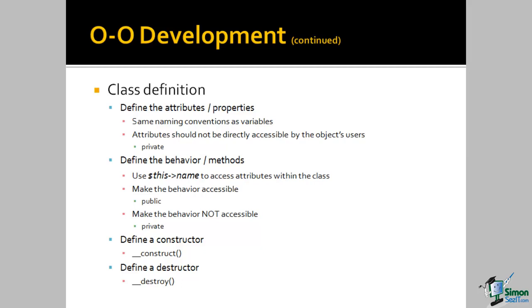And likewise, for the destructor, PHP defines this function for us, 2 underscores and the word destroy, followed by the parentheses. The constructor and destructor are both simply functions, but they're special functions associated with our object.